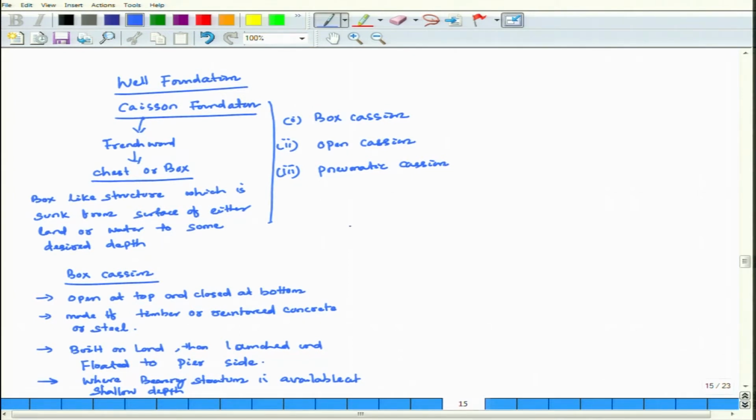After box caisson, second one is your open caisson.